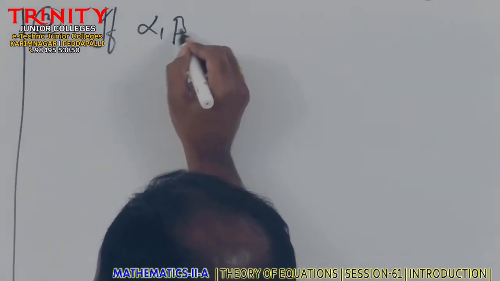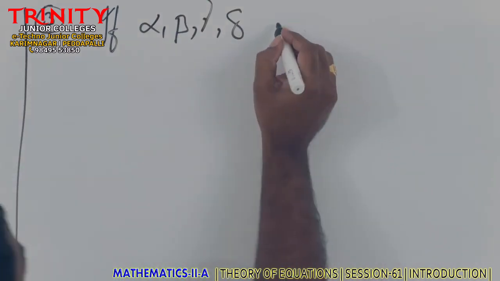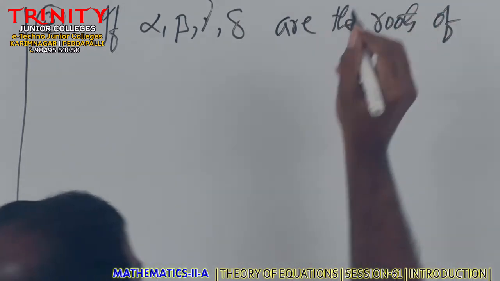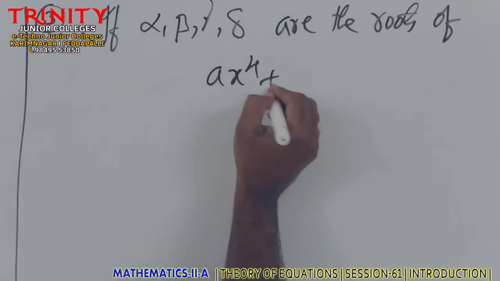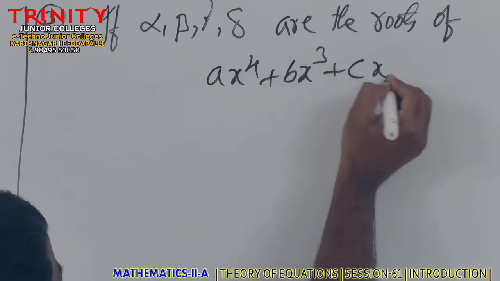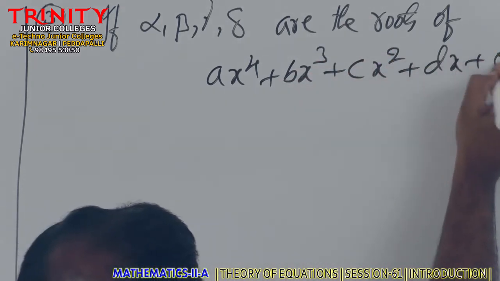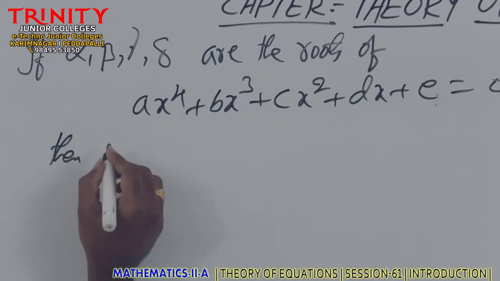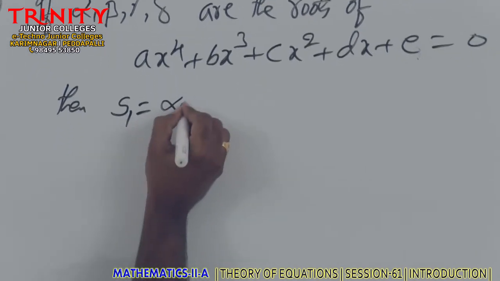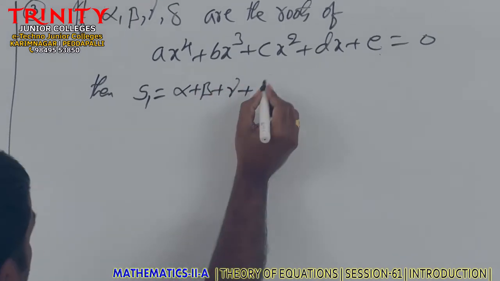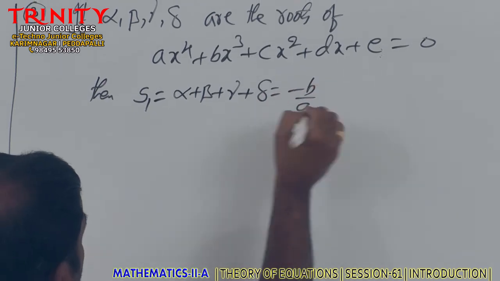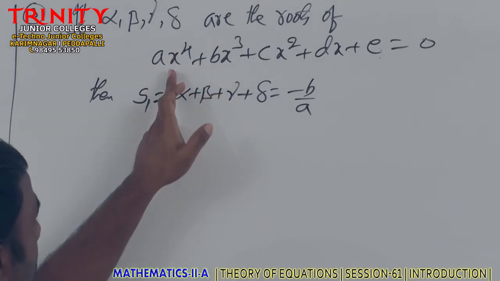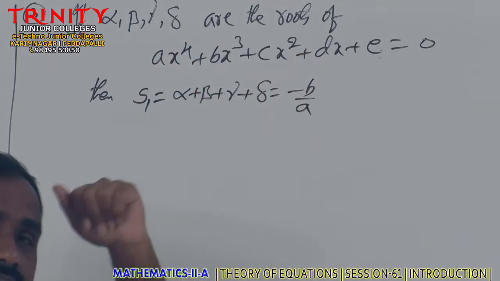If alpha, beta, gamma, delta are the roots of ax power 4 plus bx cube plus cx square plus dx plus e equal to 0, then S1, the sum of the roots, alpha plus beta plus gamma plus delta, is minus b by a. That is the x cube coefficient by the x power 4 coefficient, the x power n minus 1 coefficient by the x power n coefficient.